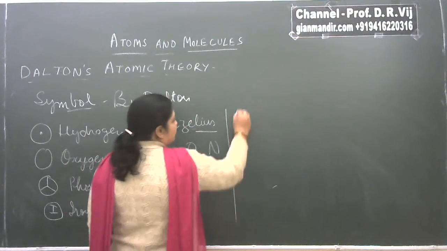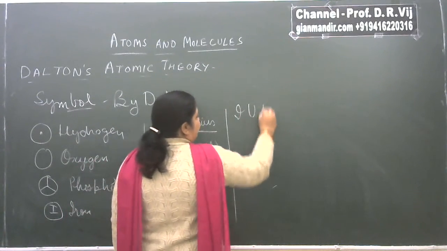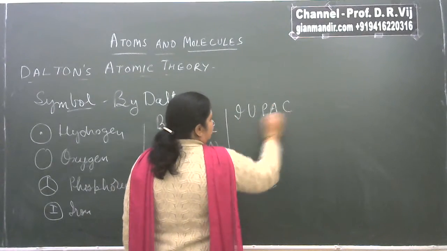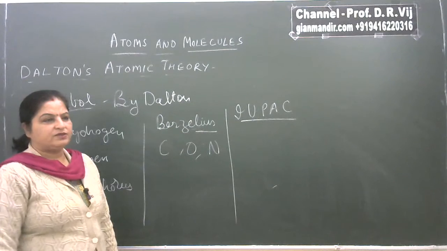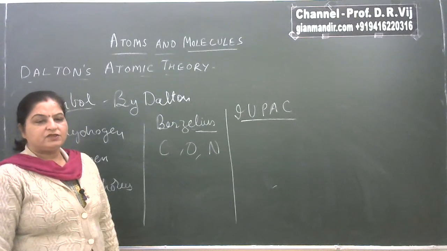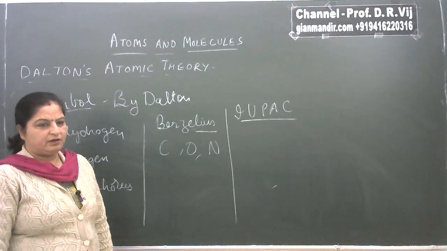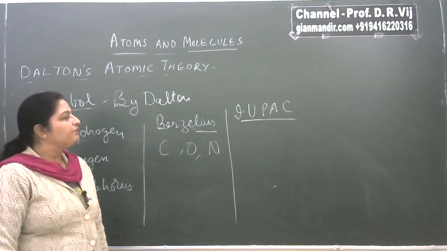But nowadays the symbols of elements are decided by an organization known as IUPAC, which stands for International Union of Pure and Applied Chemistry.